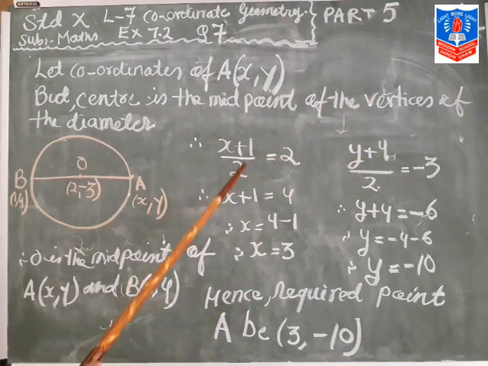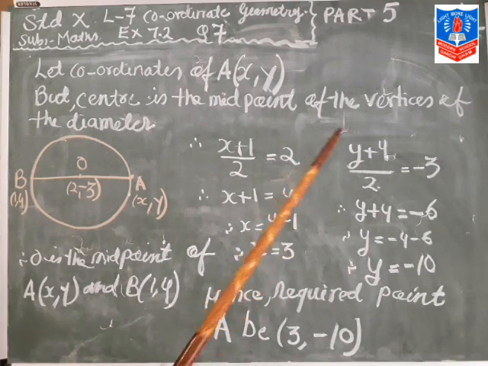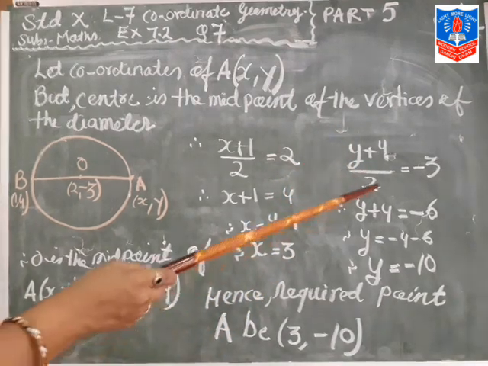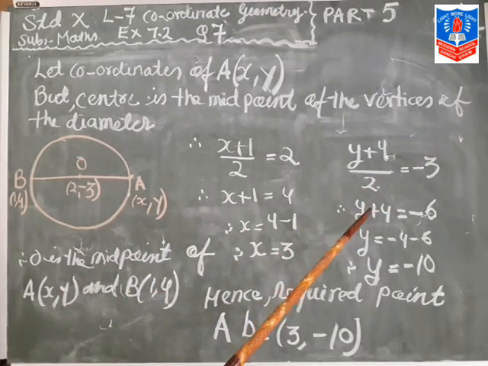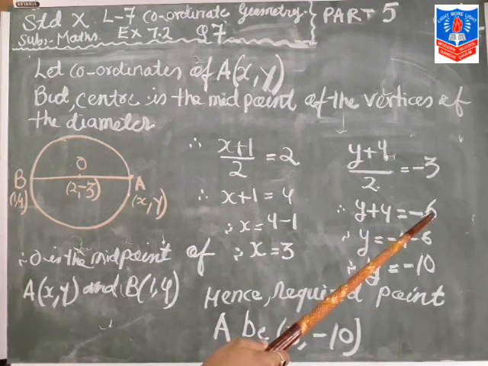Clear? So x plus 1, cross multiplication. So 2 2s are 4. X is equal to 4 minus 1. We are shifting from left to right, we will change the sign. So we can write x = 3. Similarly, (y + 4)/2 equals minus 3. Y plus 4, cross multiplication, 3 2s are 6. Minus 6.